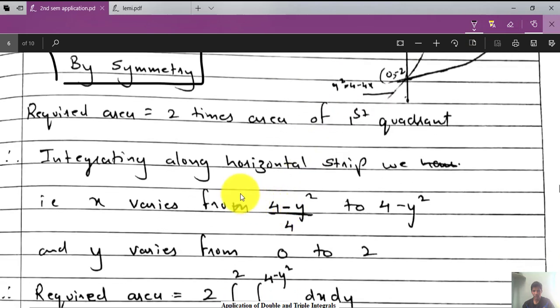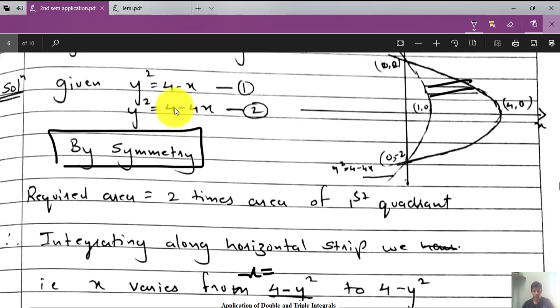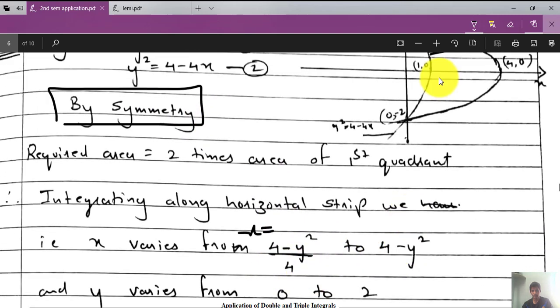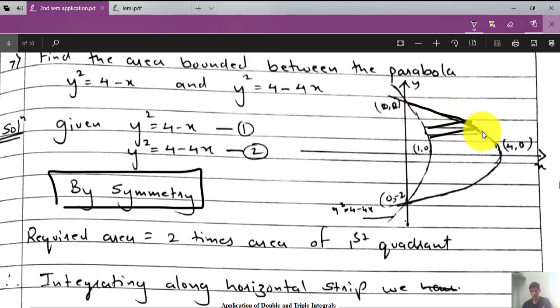So I keep x as it is and take 4x to this side, so it becomes x is equal to 4 minus y square divided by 4. The other curve is y square is equal to 4 minus x, therefore x is equal to 4 minus y square.